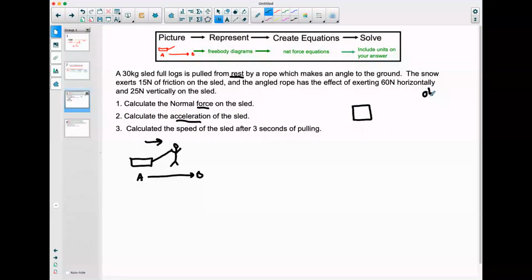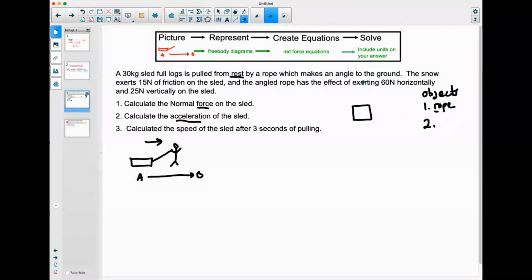And we want to look at the objects that are interacting with the sled. And so one object is the rope, and we'll use the R as a subscript for that. A second object is the snow, or maybe we'll just use the ground because I don't want to get snow mixed up with sled.